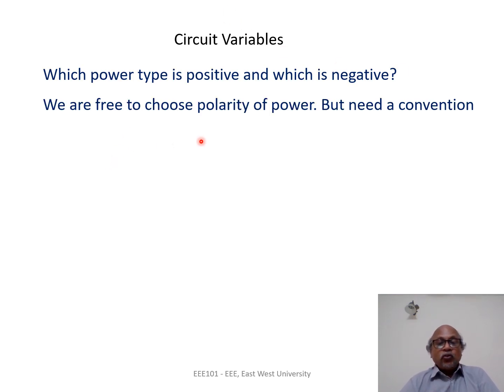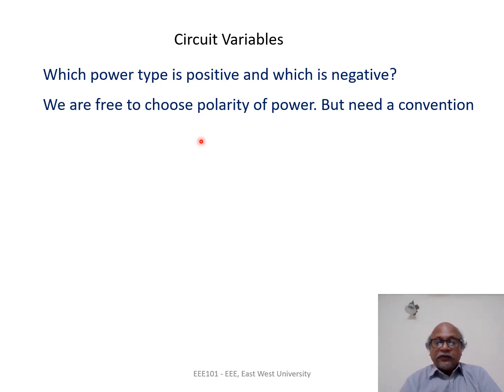We are free to choose which one we consider positive and which one we consider negative. If we say power absorbed is positive, we have to treat power supplied as negative. On the other hand, if we say power supplied is positive, then power absorbed will become negative.